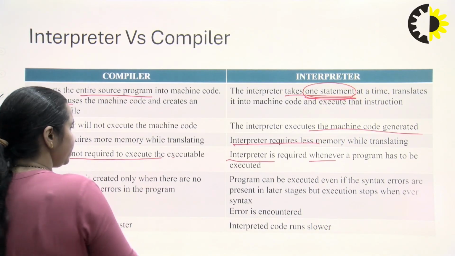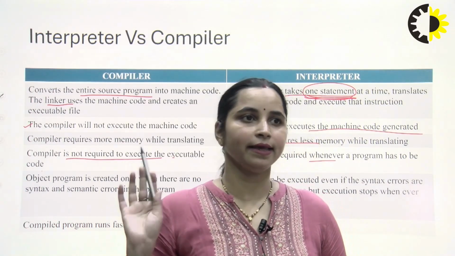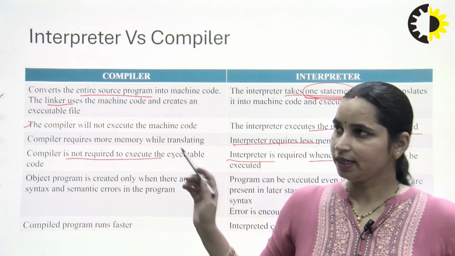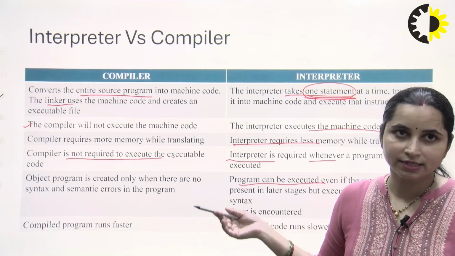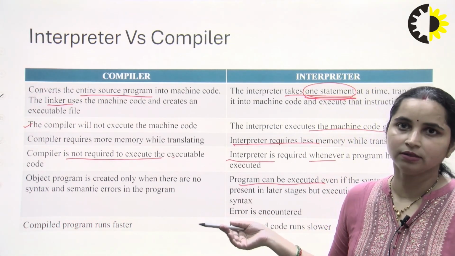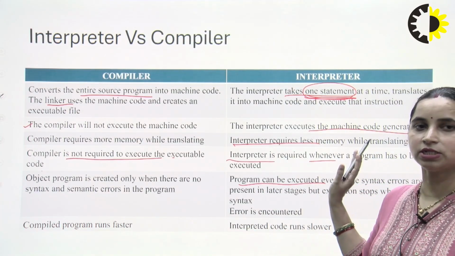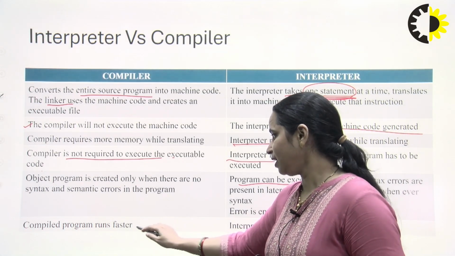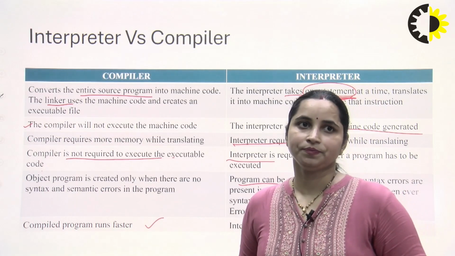An object program is created only when there is no syntax or semantic error in the program, but with an interpreter, at the very statement where we receive the error, the program will get halted, but till that time it will have executed. So compiled programs run faster, but interpreted code runs slower.